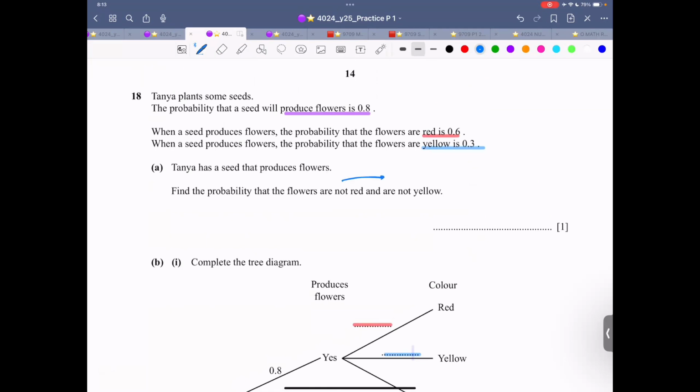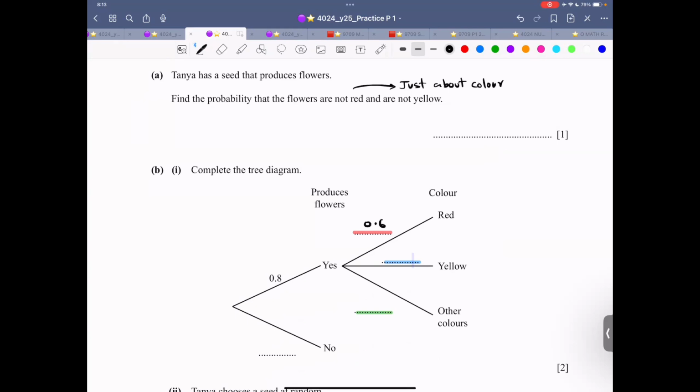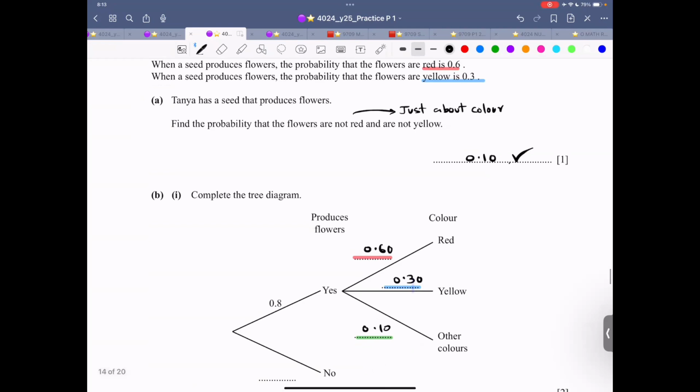So the first part was simple, but conceptual. This is 0.6, this is 0.3, therefore this is 0.1. This is the probability that the flowers are not red, not yellow. That means they are of other colors.